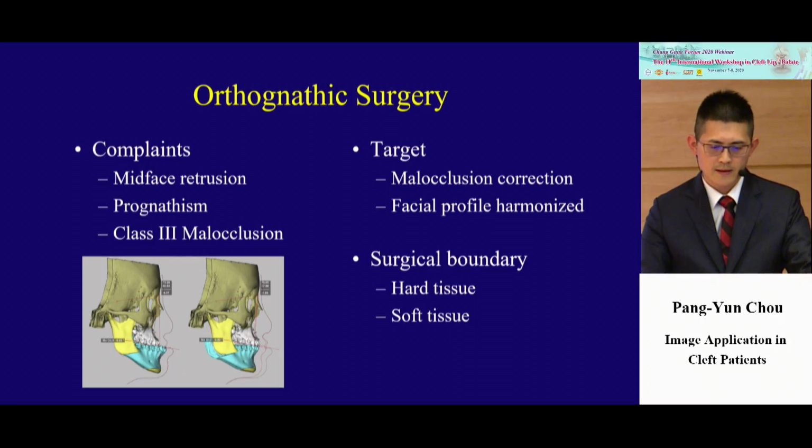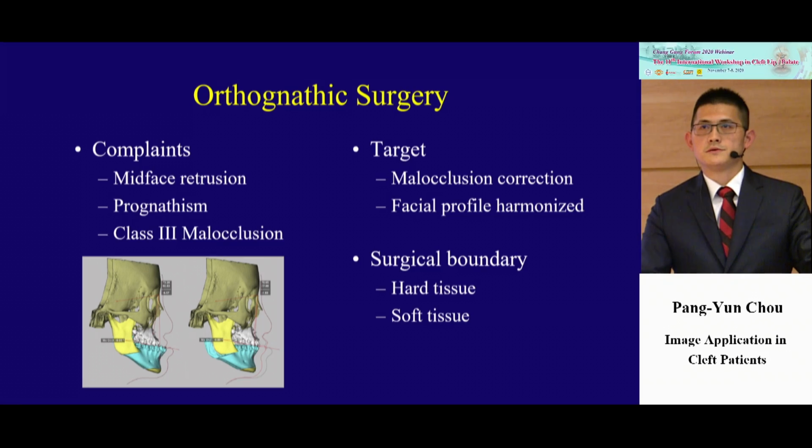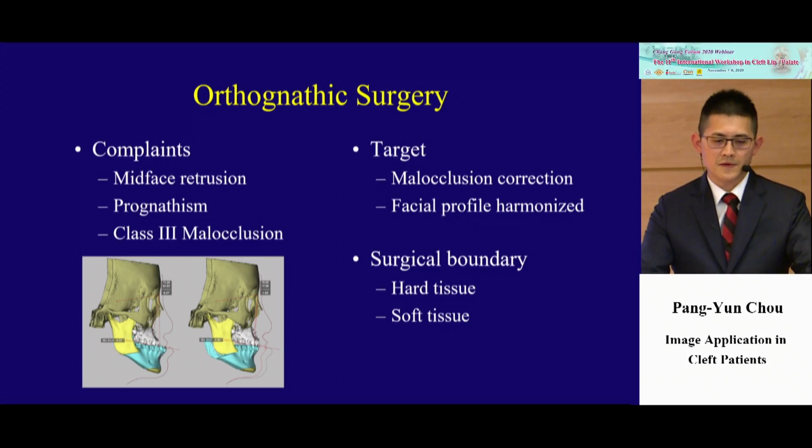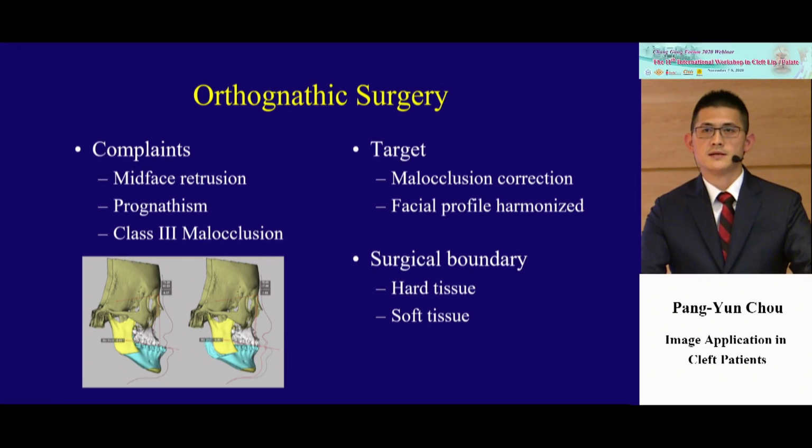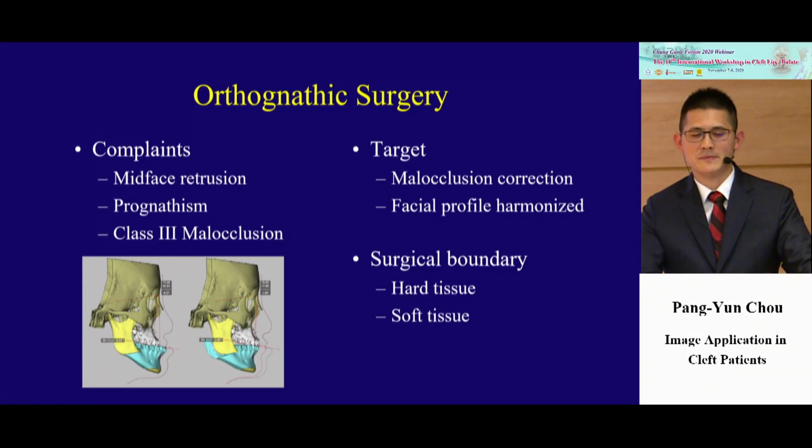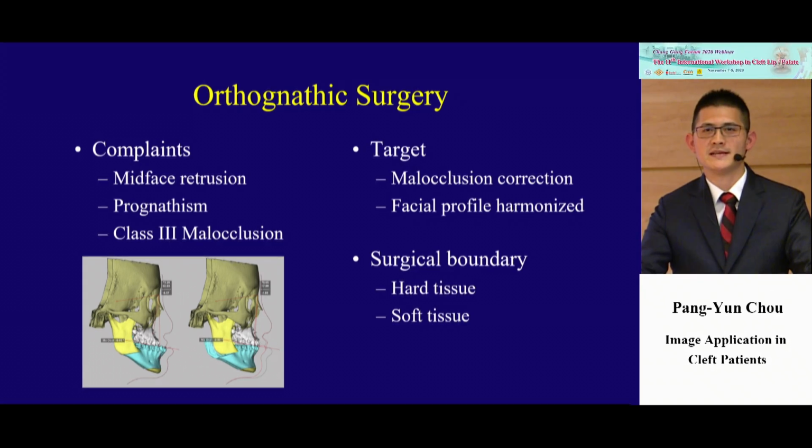So this is one way we use the images and software to do the calculation and analysis in research. And later, if the patient needs orthodontic surgery, I think, just as Dr. Yao, Dr. Kerr and Dr. Liao mentioned, we have to meet the demands of all the patients, even their parents.